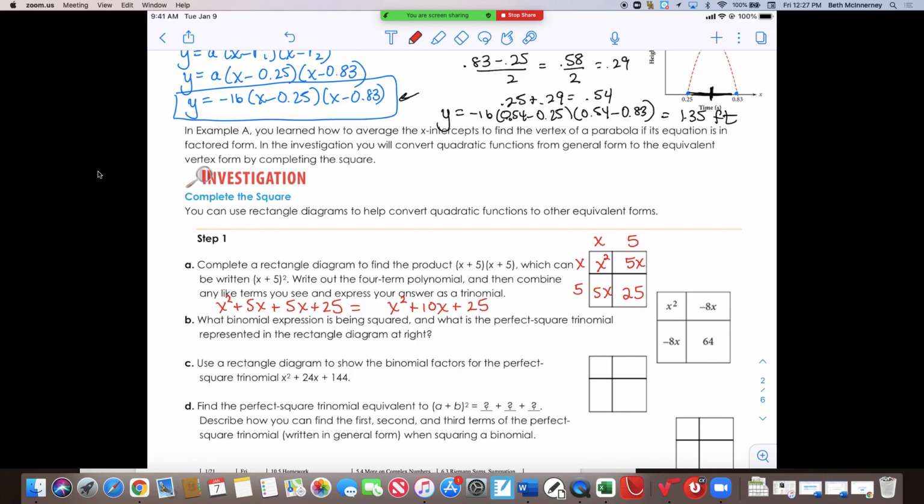All right, in part B, now look at the second box. It has an x squared, a negative 8x, a negative 8x, and a positive 64, excuse me. What would have been the binomial squared that would represent that picture? Anybody?